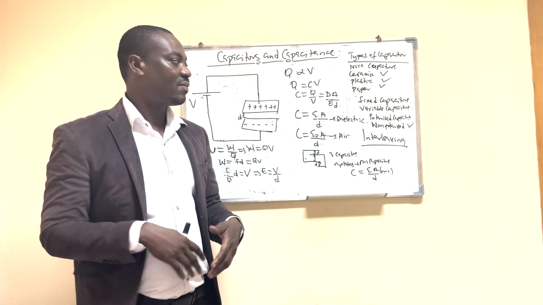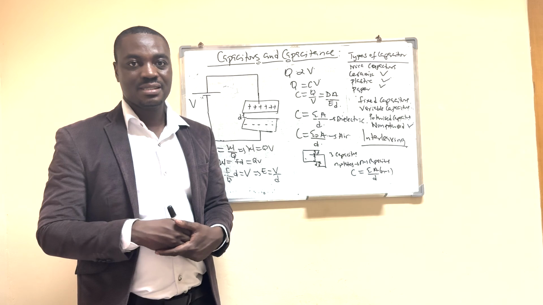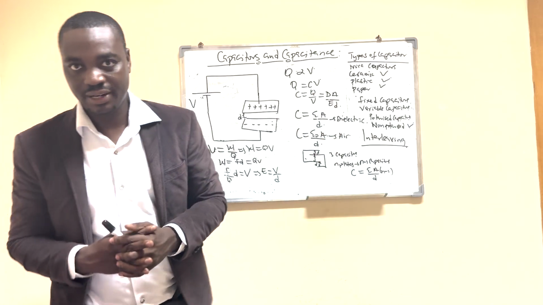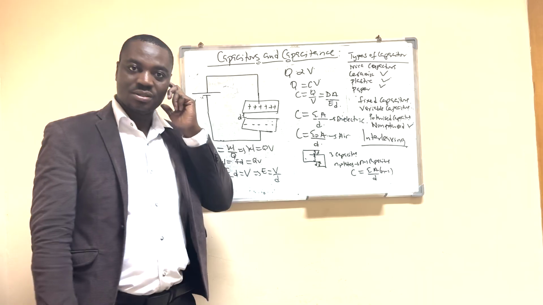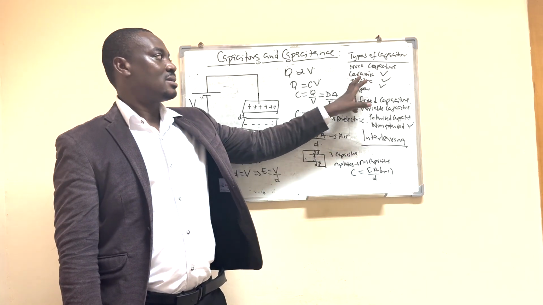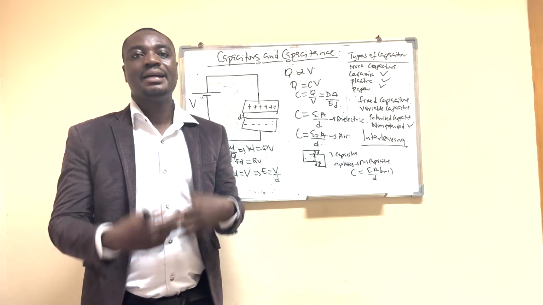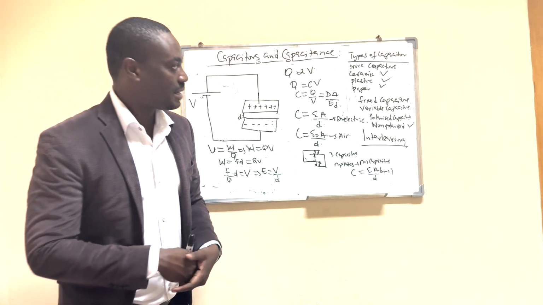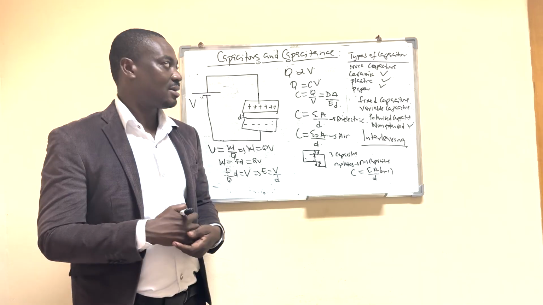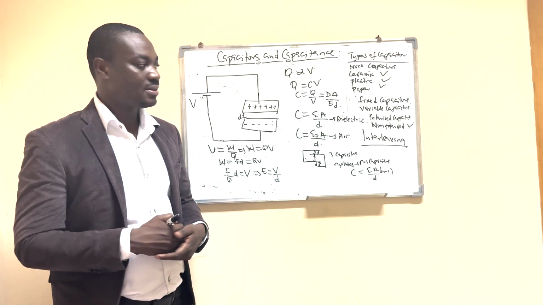One is according to the type of dielectric material between the plates of the capacitor. So if you use metal, ceramic, plastic, or paper, then we can refer to those as metal capacitor, ceramic capacitor, plastic capacitor, or paper capacitor, right?